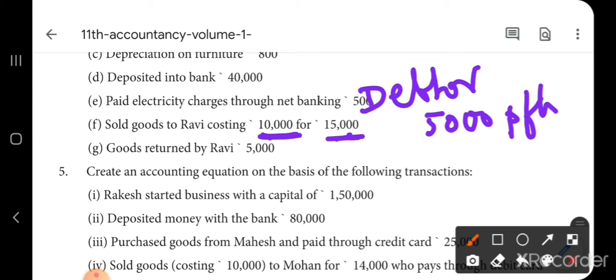Profits you will add with your capital. Okay. And stock will get reduced by 10,000 and debtors is created to the extent of 15,000. Okay. So plus 15,000 in your debtors and plus 5,000 being profits is an income. So plus 5,000 in your capital.